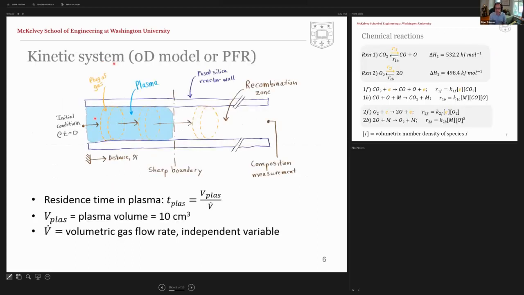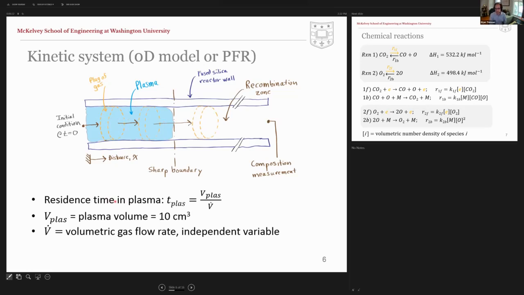So we conceive of this kinetic system as a 0D if you're an applied physicist, or plug flow reactor if you're a chemical engineer. And so basically we have plugs of flow going through a cylinder. We don't consider mixing with any adjacent plugs. And so effectively you can transform space into time using this very standard chemical engineering concept.